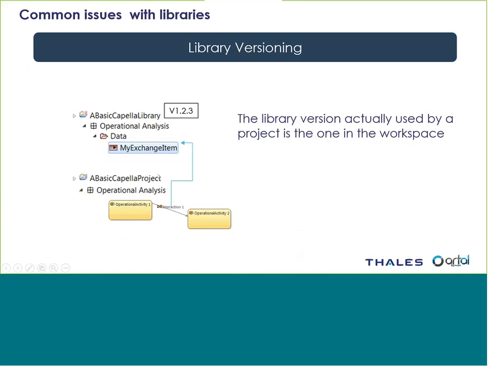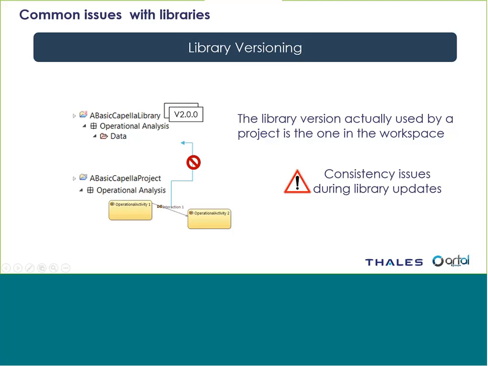So if you have this pattern where you have your project with two activities, and one activity is referencing an exchange item in my library 1, 2, 3, then I should be very careful when doing the library update. If in version 2 of the library the data exchange is no longer there, then there could be something missing for the description of the exchange item of the interaction here.